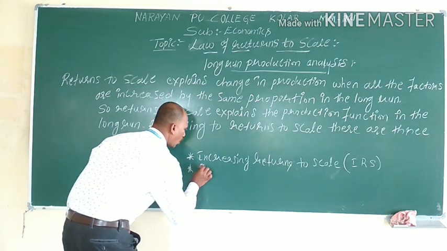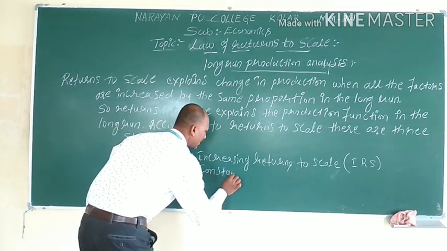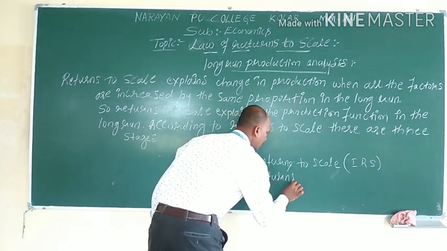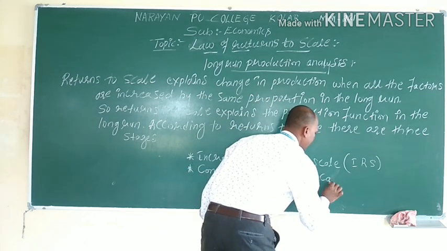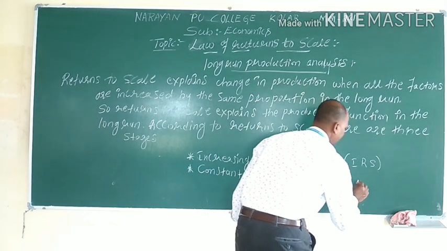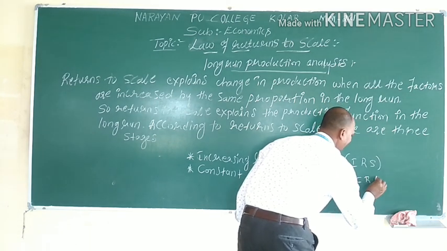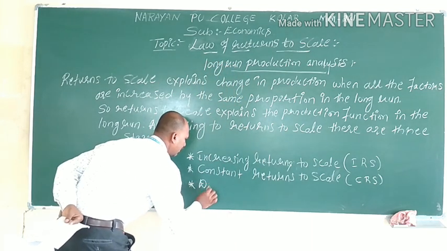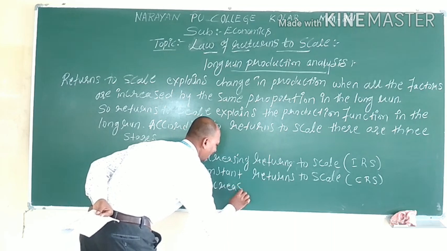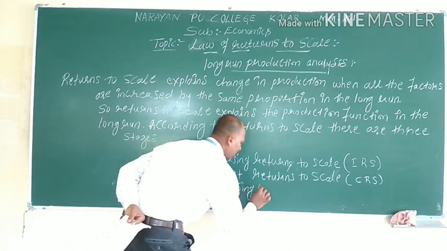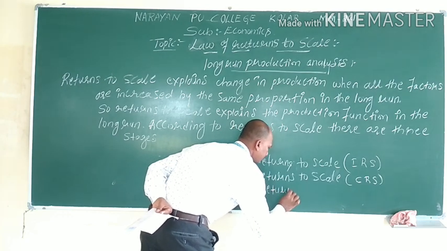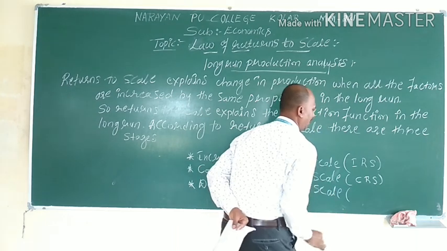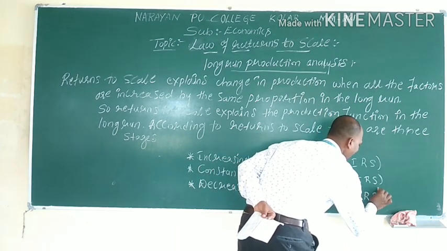Number two, constant returns to scale, fondly CRS. And third one, decreasing returns to scale, fondly DRS.